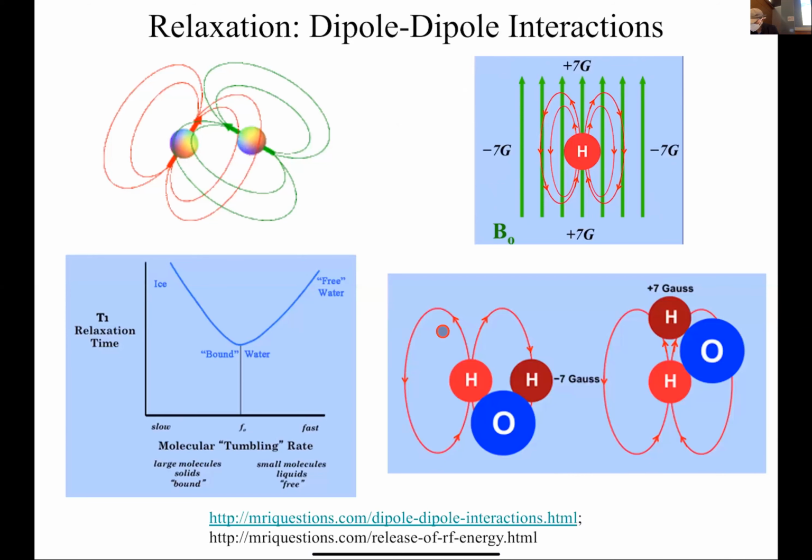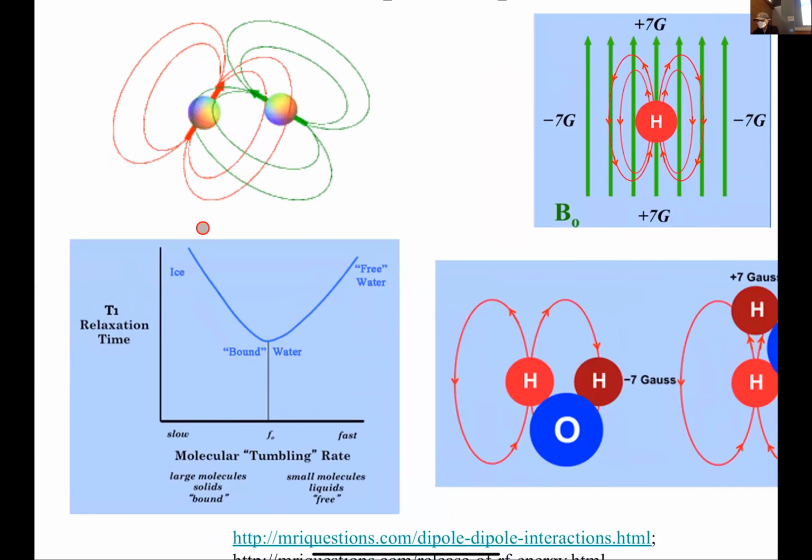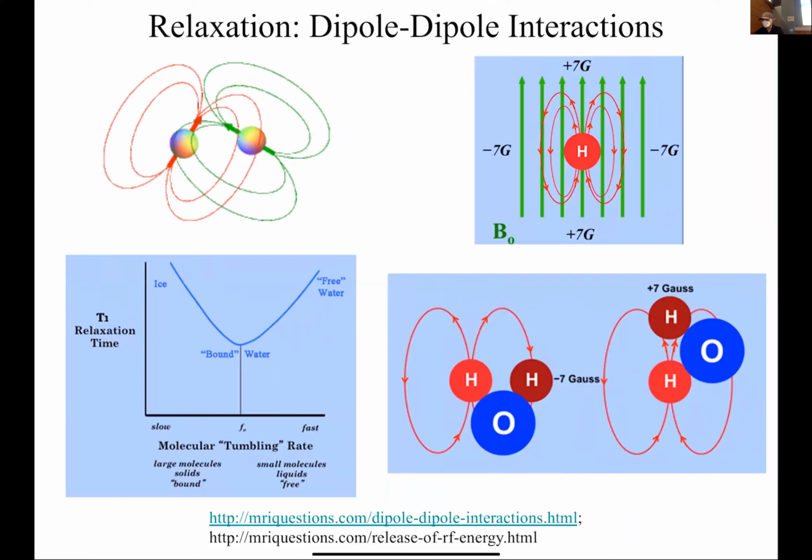So what's shown here is the T1 relaxation rate versus tumbling rate. And this is either fast or slow. On the website that I got this from, this is what's called the Goldilocks principle, right? When the frequency is just right, and this means the Larmor frequency, then I can tip you back into equilibrium.